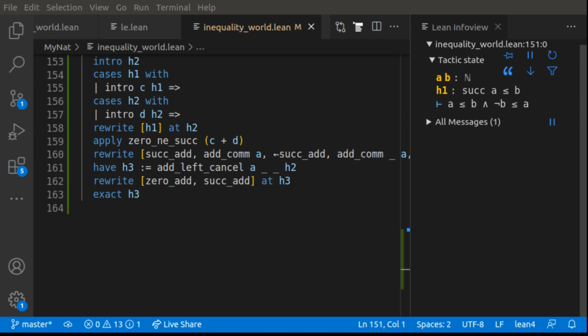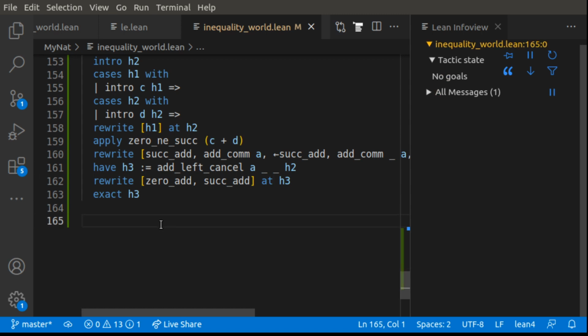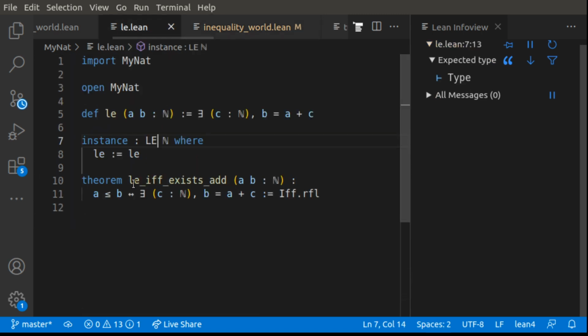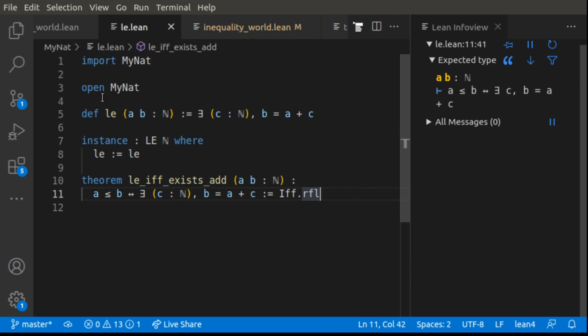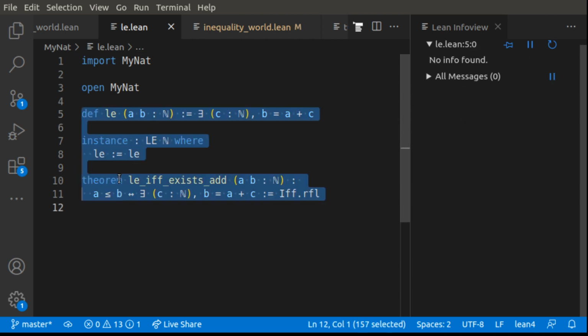And finally, okay, level 17, the definition of less than. So we're going to have, just copy this. We could just add this. I'll just copy this over.